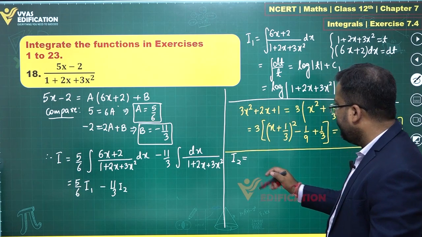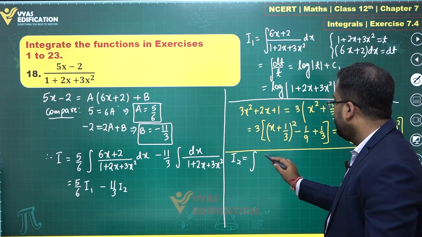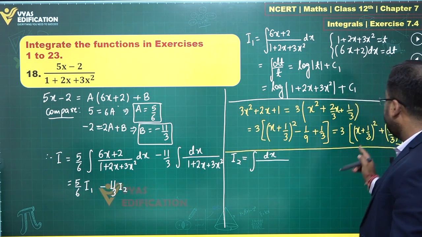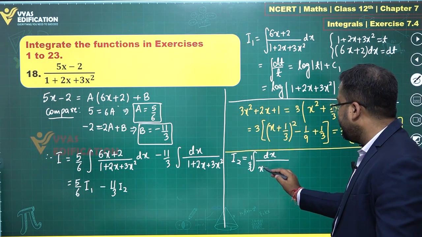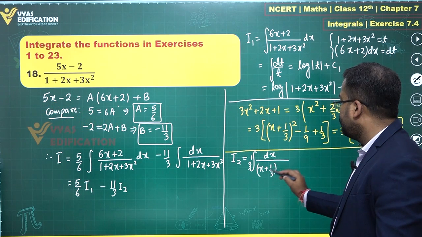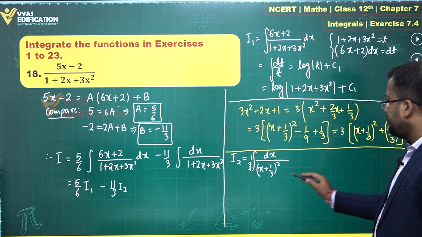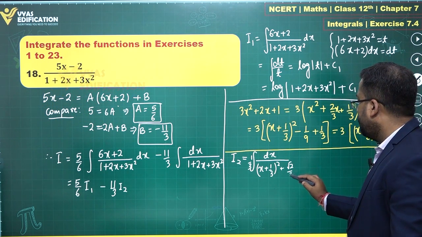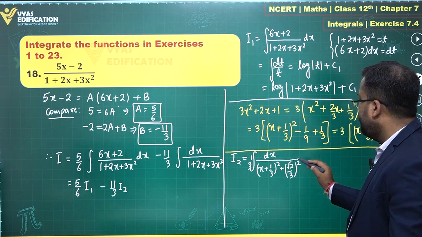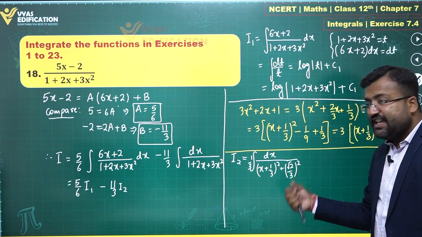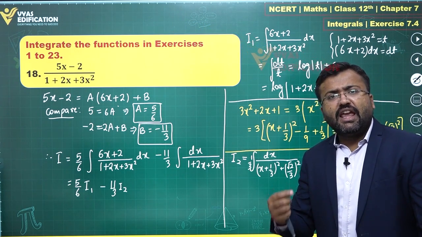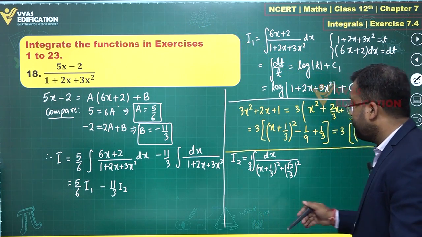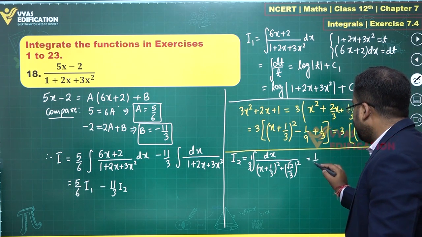Integral of this I2 will become integral of dx, upon 3 in the denominator will come out, okay, and what remains is x plus 1 by 3 squared plus root 2 by 3 square. And this is similar to x square plus a square, right? 1 upon x square plus a square converts to 1 upon a tan inverse x by a, okay. This 1 by 3 is outside.